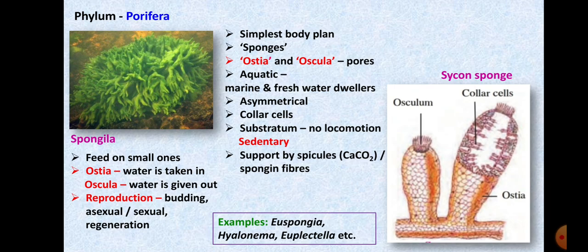You see on your screen in the second organism, Sycon sponge, that is your Sycon sponge. You can see osculum, collar cells, ostia, right? Good. They do have substratum.